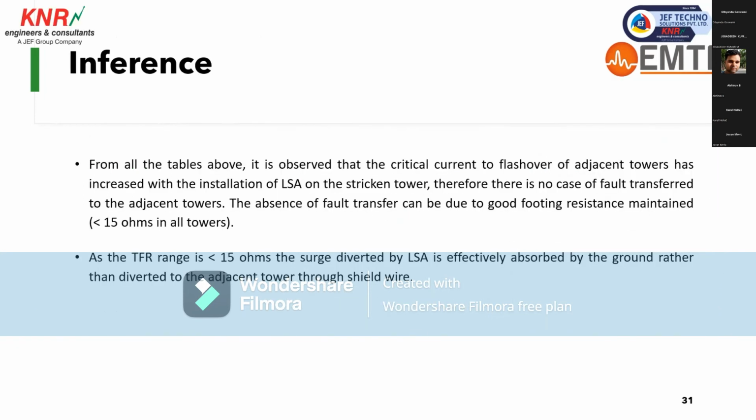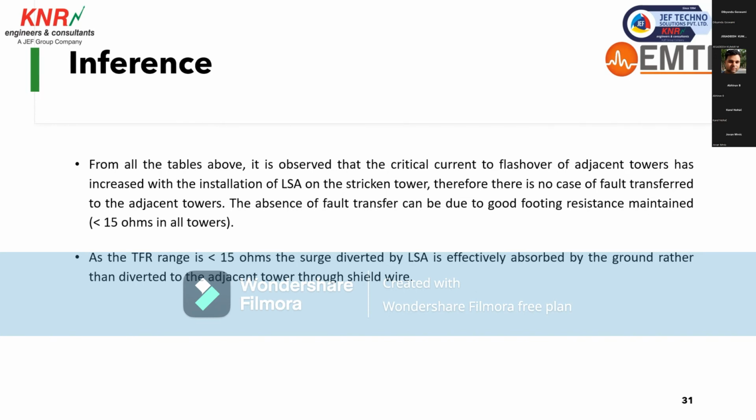So from the analysis, what we infer from all the tables is that the critical current to flashover of the adjacent tower has increased with the installation of LSA on the tower, and therefore there is no case of fault transfer to adjacent towers. The absence of fault transfer is due to the good footing resistance maintained.